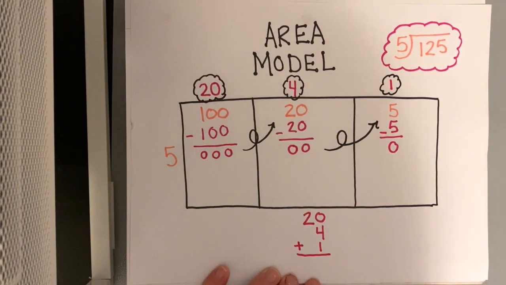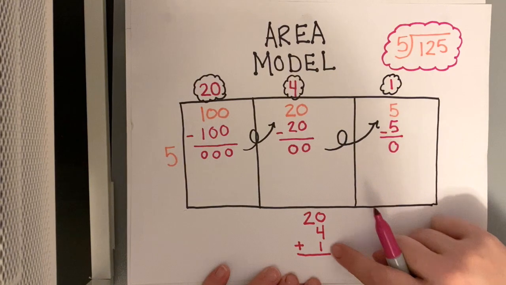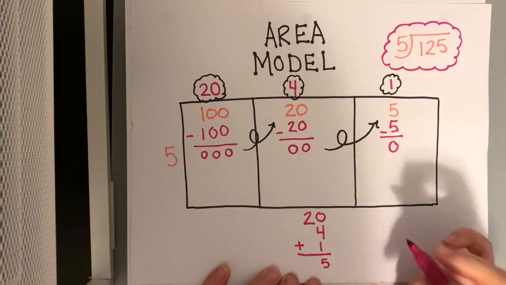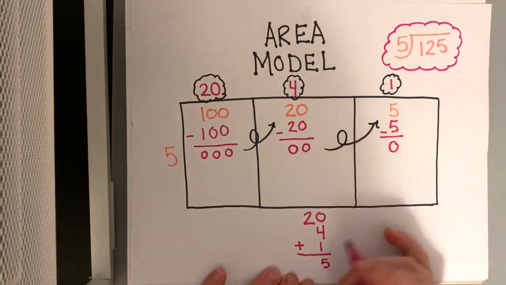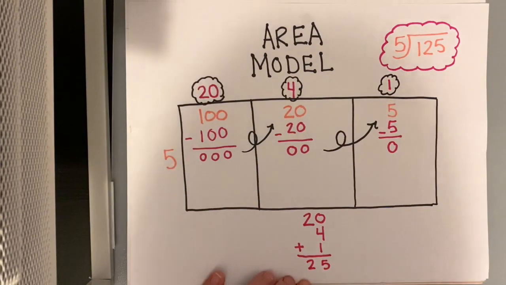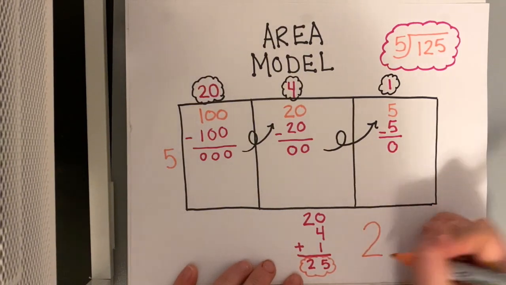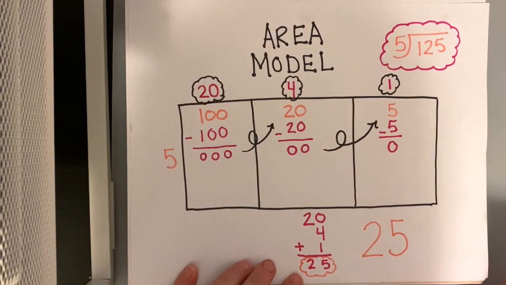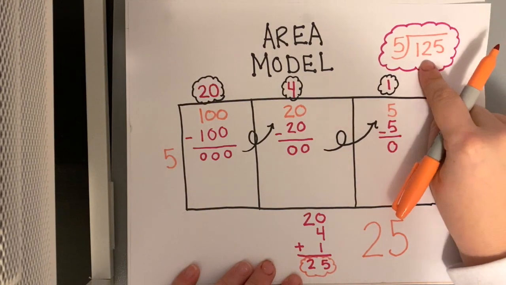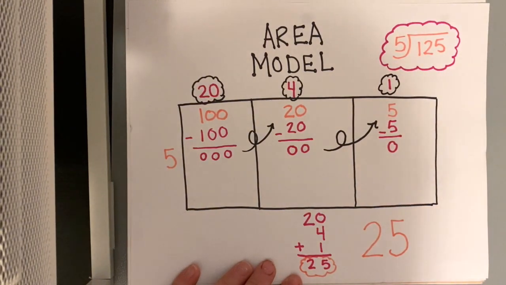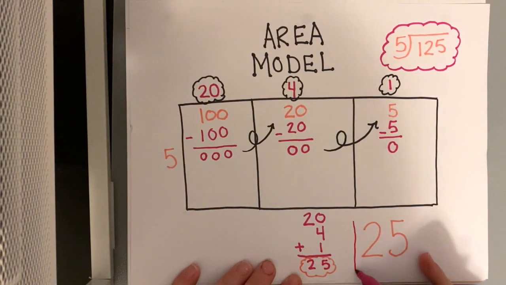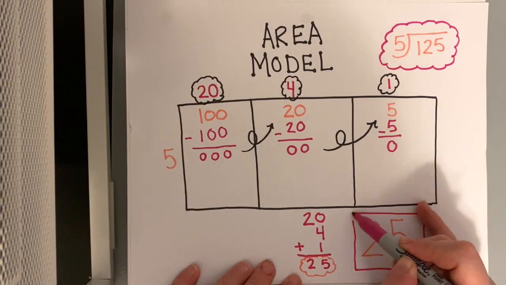I'm going to add those all up. 0 plus 4 plus 1 is 5, and 2 plus nothing is 2. So my answer is 25. So 5 goes into 125 25 times.